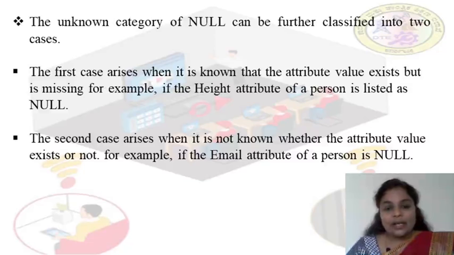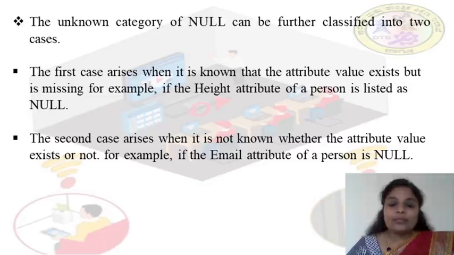Each and every person will have a corresponding blood group. But while filling that application form, that person doesn't know his blood group. He knows there exists a blood group, but at that moment he doesn't know it. At that moment, he is going to write it as null.